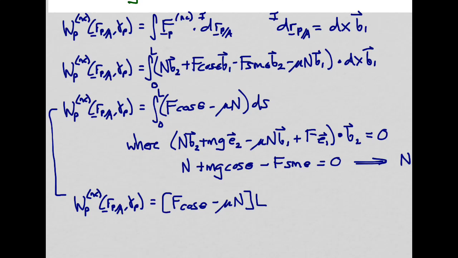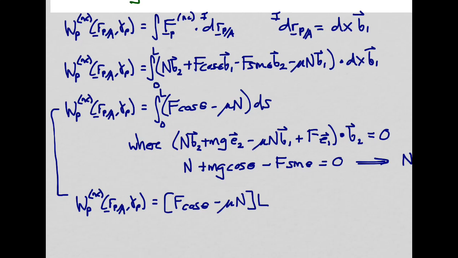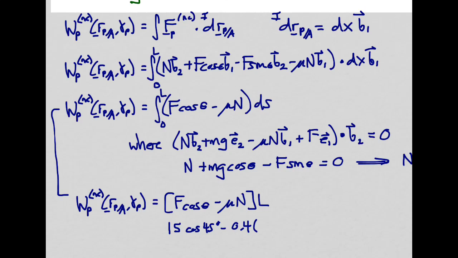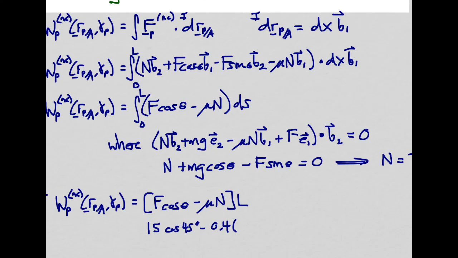And then when we plug in each of the values, we get 15 cosine 45 degrees minus 0.4 times 3.26, all multiplied by 2. This gives us 18.61 joules.